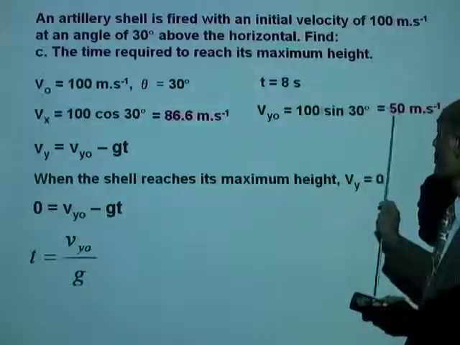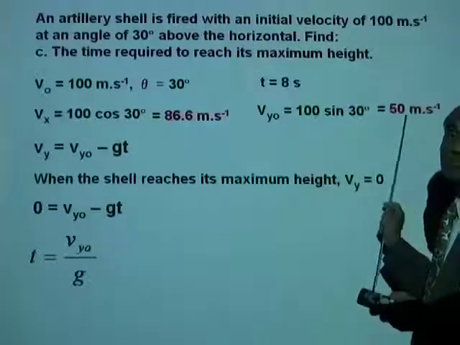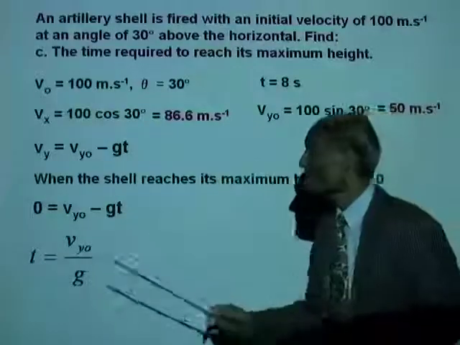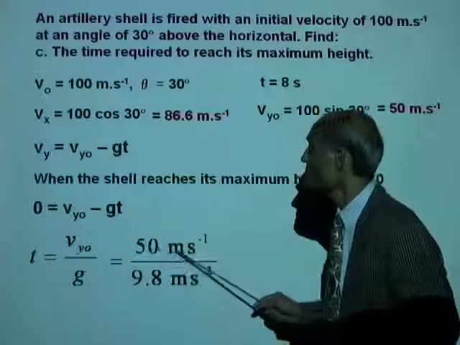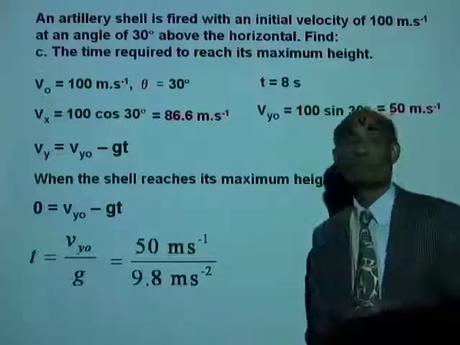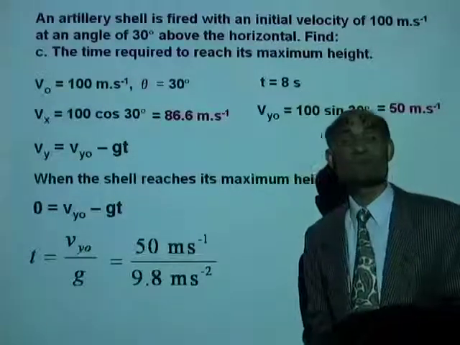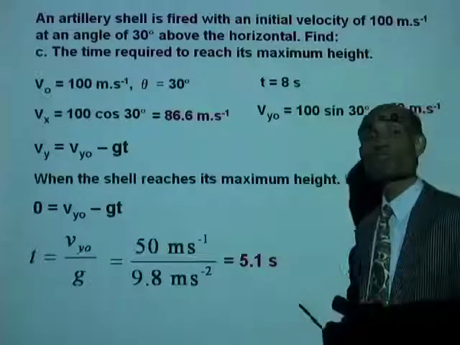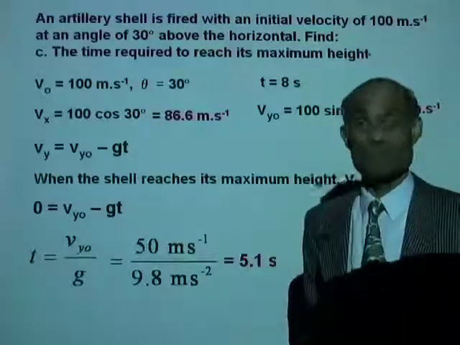And Vy0 we had calculated early is 50 meter per second. Therefore, that time is 50 meter per second divided by 9.8 meter per second squared. That is 5.1 second.